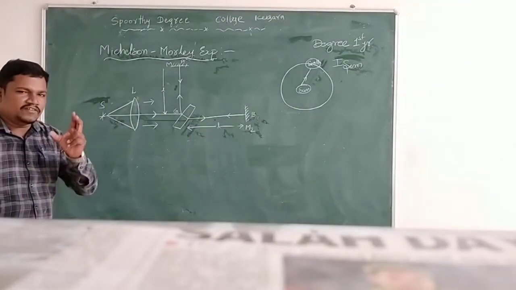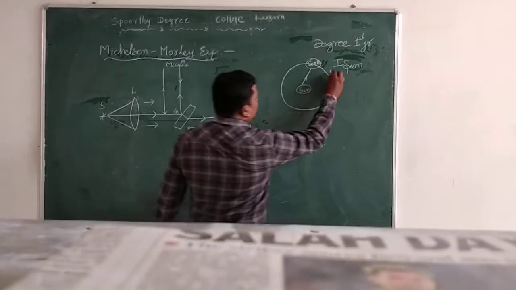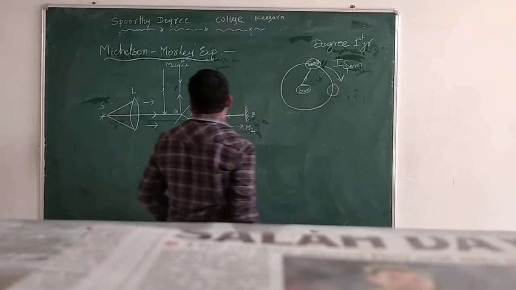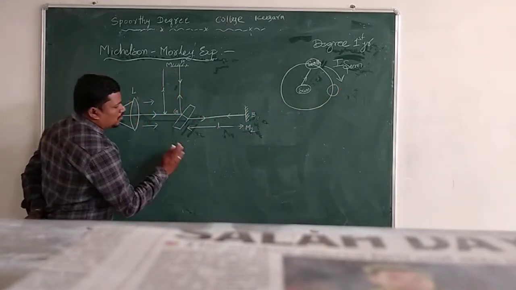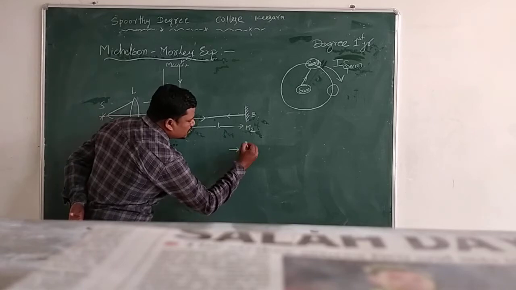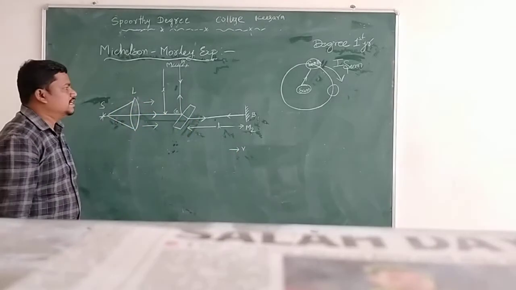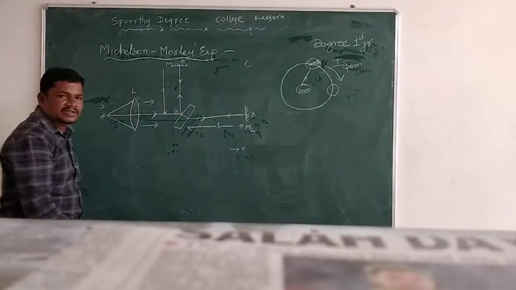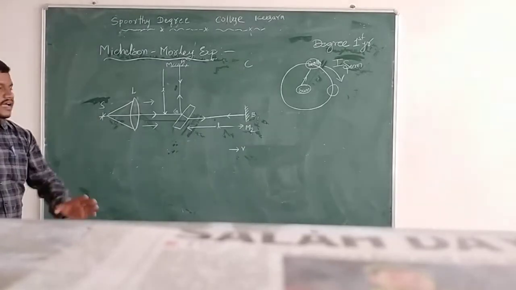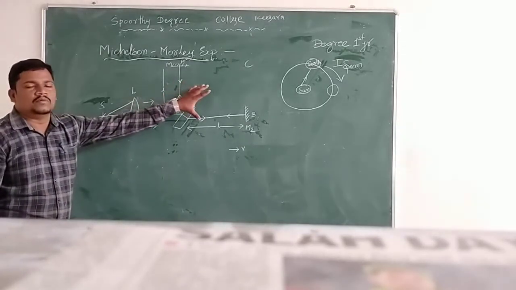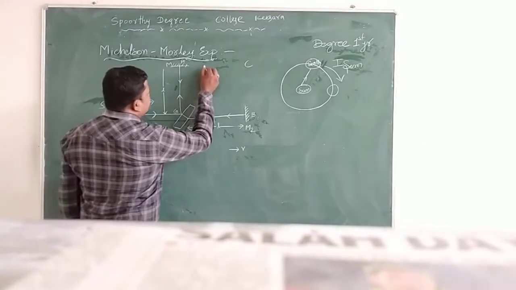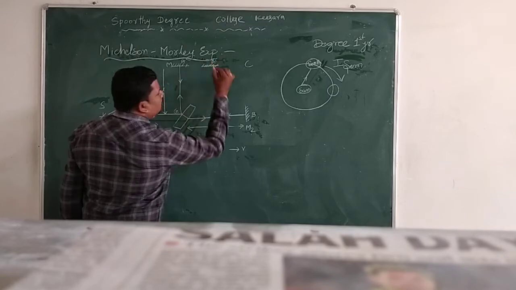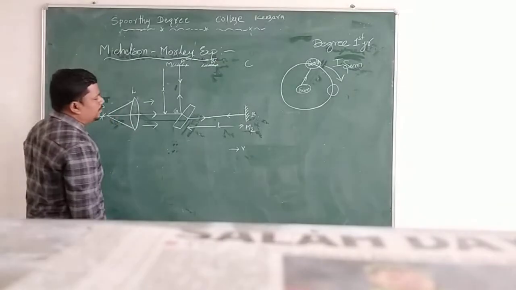But the earth is always in motion. Okay. So the velocity of the object is V, the velocity of the rays is C. When the earth is in motion, the apparatus is also moving some distance. That means mirror A moves to A dash, or A prime.